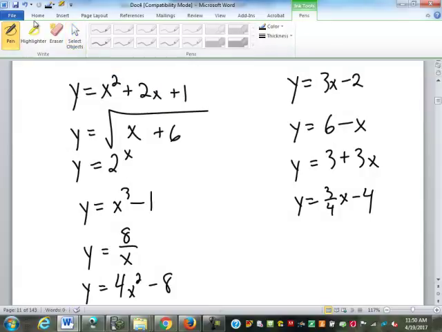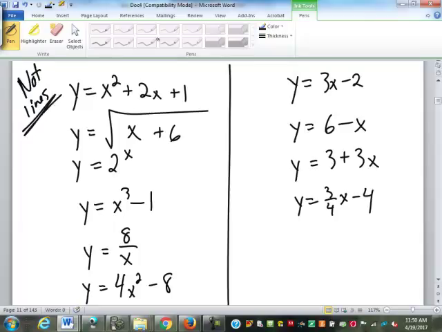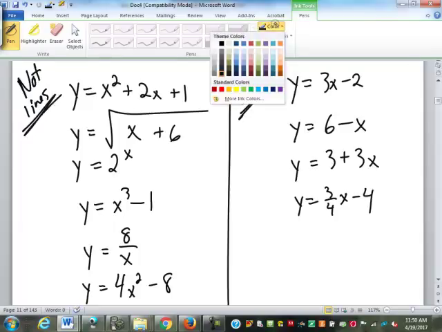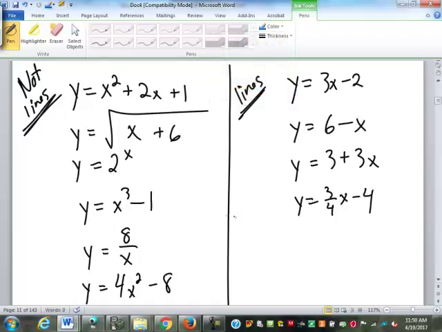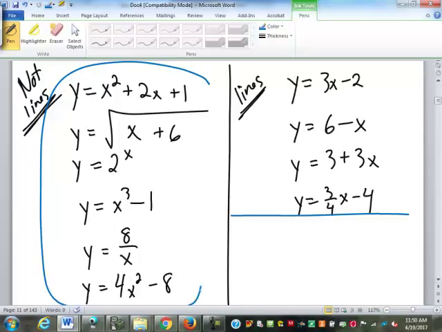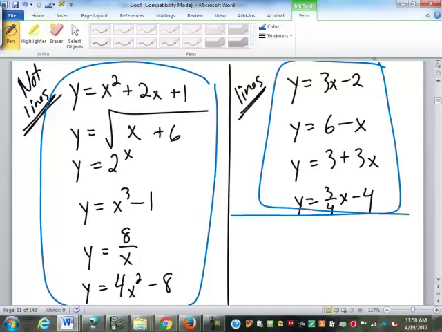Looking at these equations, I want to compare the ones on the left here that are not lines and the ones on the right that are lines to see what's different. More specifically, what do these equations over here have that these do not, that make them not be lines?